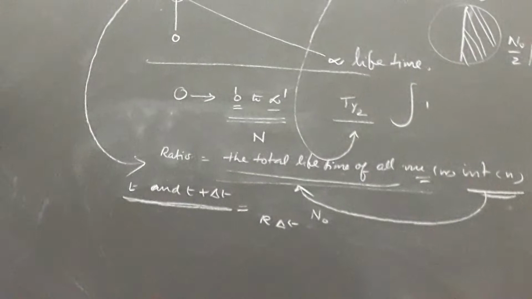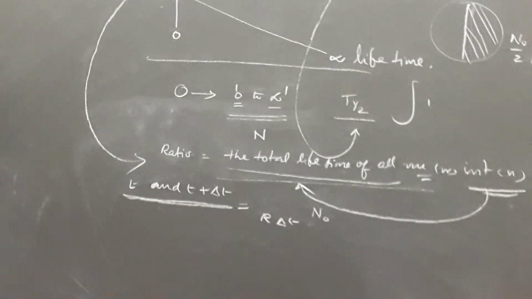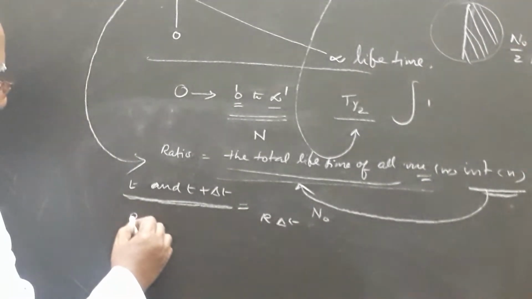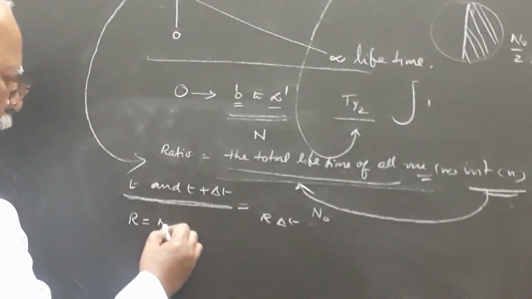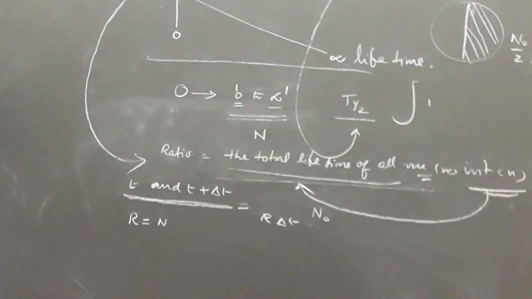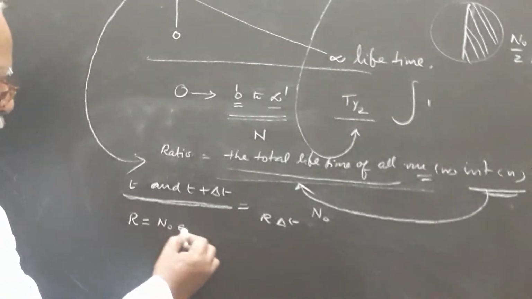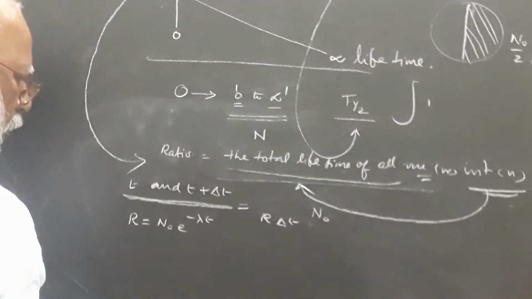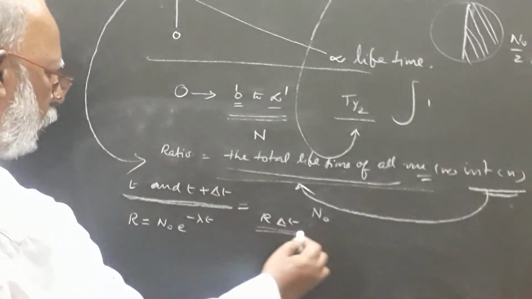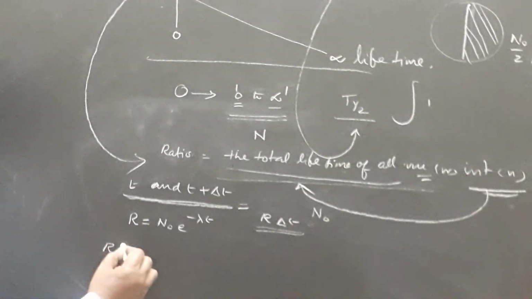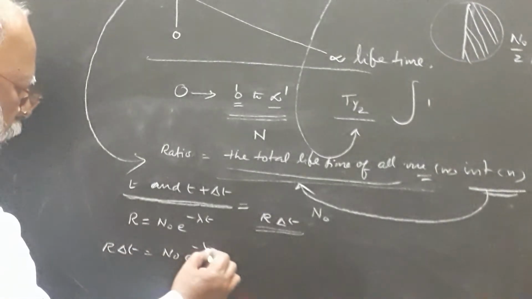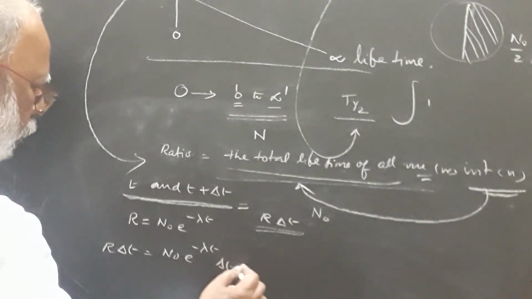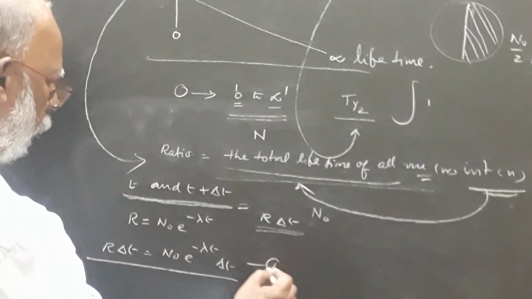This is a valuable equation. We already know the value of R. R is nothing but N naught into e power minus lambda t. Therefore R into delta t is equal to N naught into e power minus lambda t into delta t. This is equation number 1.